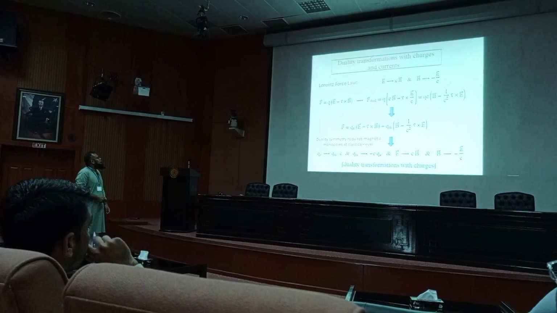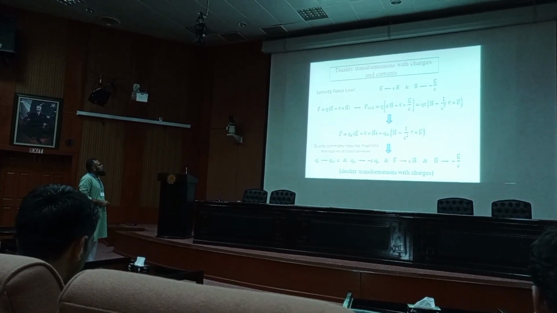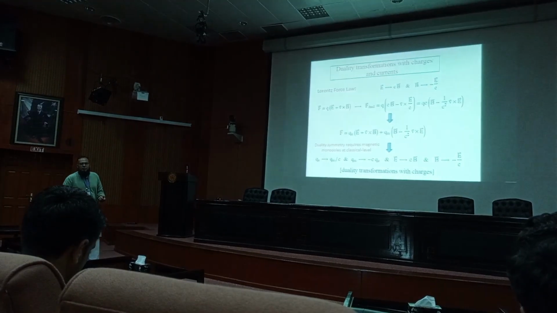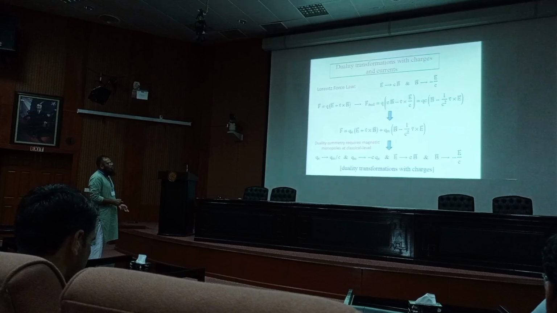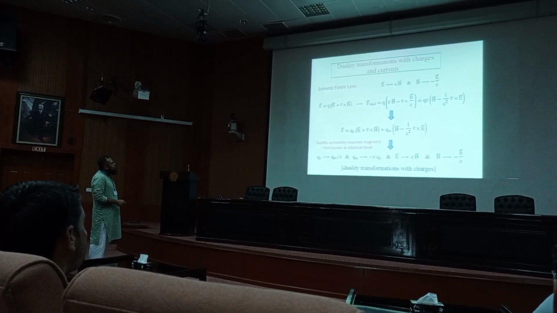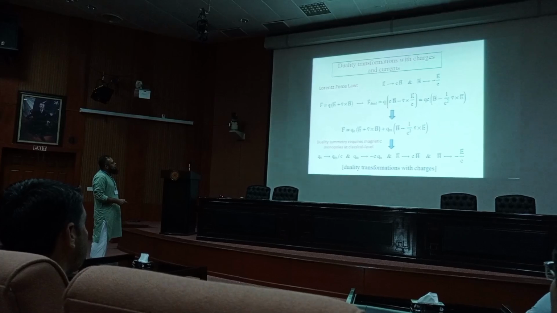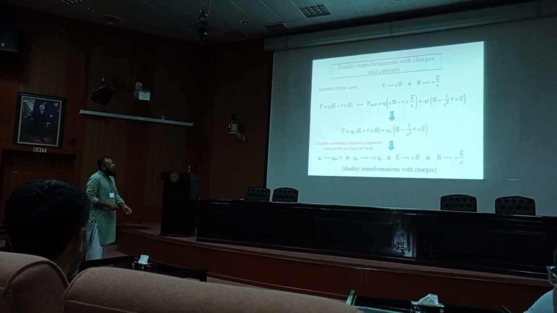So next we move on to the Lorentz force law. We know the Lorentz force law is F equal to q E plus q v cross B. If you make this transformation to the Lorentz force law, you replace E by B and B by minus E, you get a dual kind of force. You can see it's charge times B and charge times v cross E.